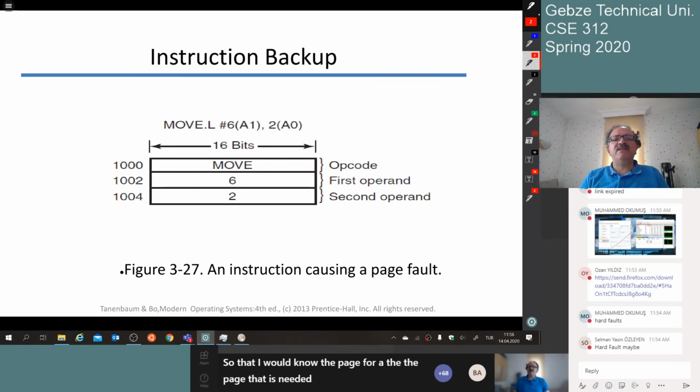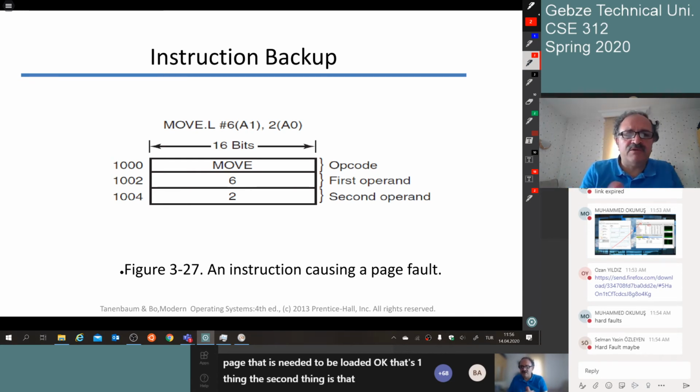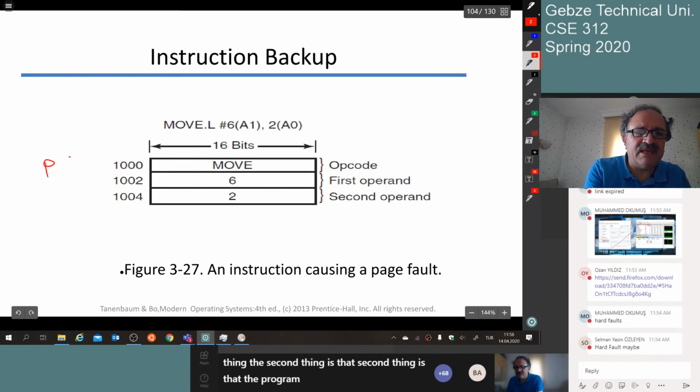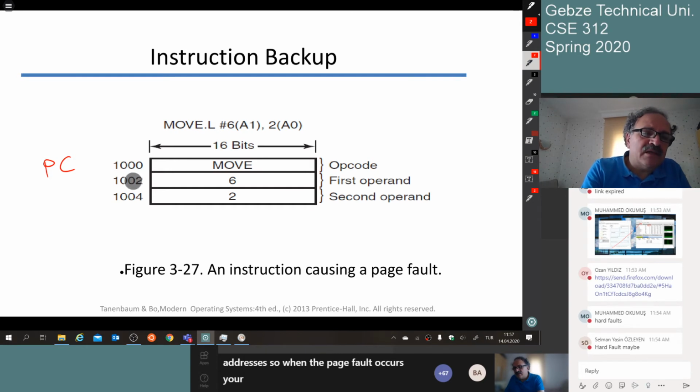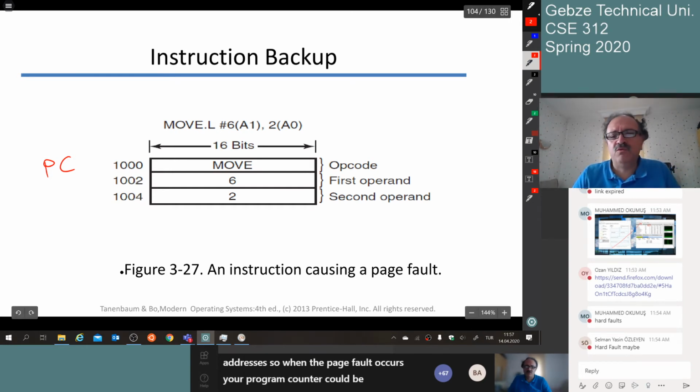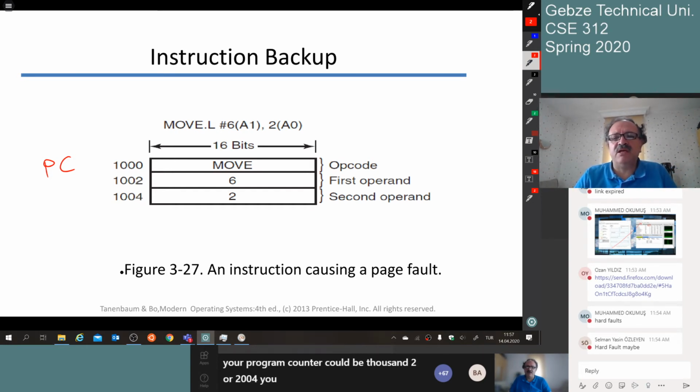That's one thing. The second thing is that the program counter at the beginning is 1000. You increment the program counter to get your addresses. So when the page fault occurs, your program counter could be 1002 or 1004. You may not know that. It depends on the architecture.